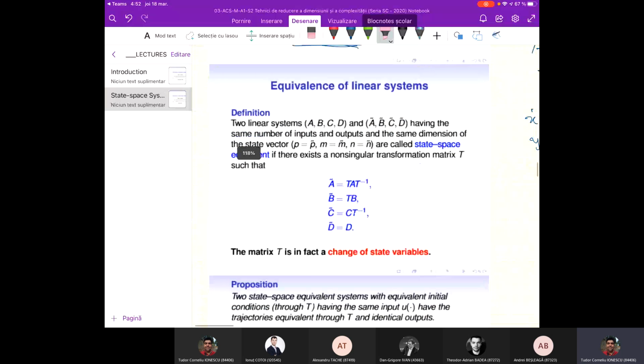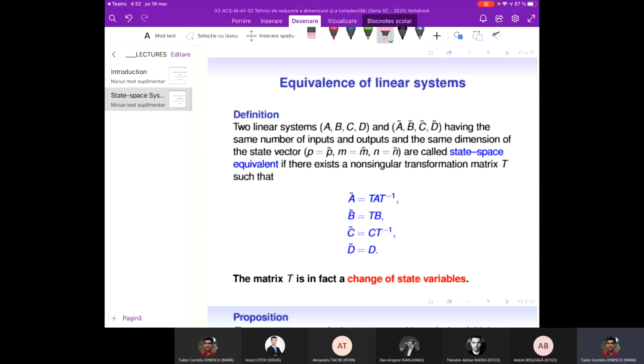So now this is explained formally here. Two linear systems, A, B, C, D and A tilde, B tilde, C tilde, D tilde, having the same number of inputs and outputs and the same dimension of the state vector, so number of outputs p equal to p tilde, number of inputs m equal to m tilde, number of states n equal to n tilde, are called state space equivalent if there exists a non-singular, or invertible, transformation matrix T such that A tilde is TAT inverse, like I showed you, B tilde is TB, C tilde is CT inverse, and D is not changing.